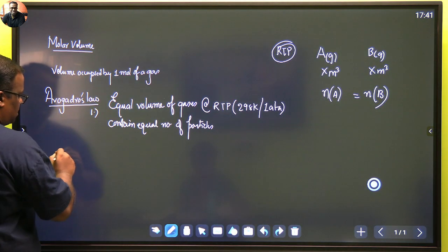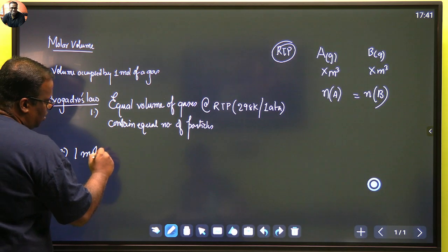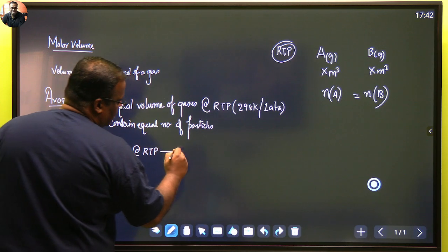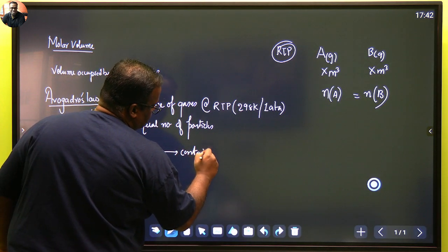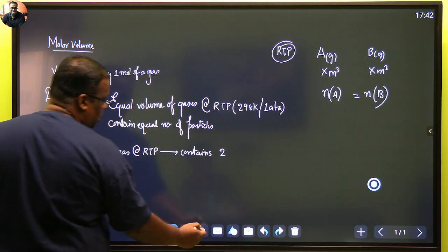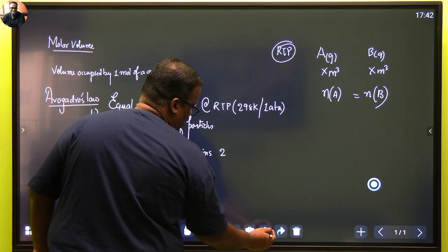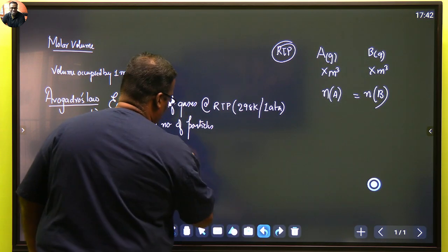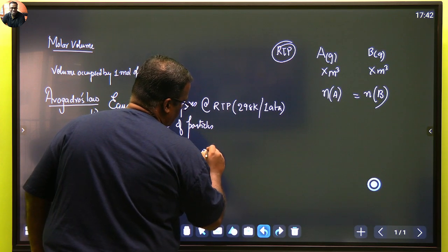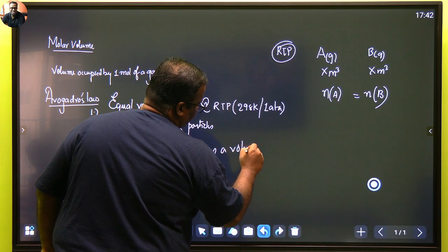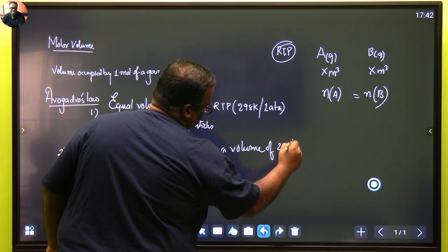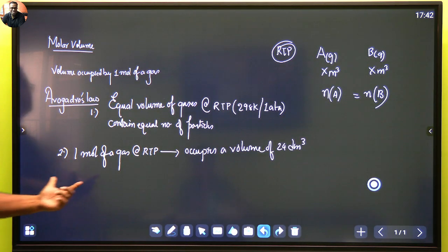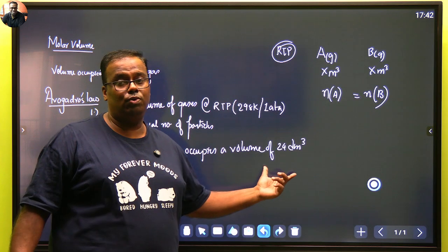The next statement says: 1 mole of a gas at RTP occupies a volume of 24 dm cube.